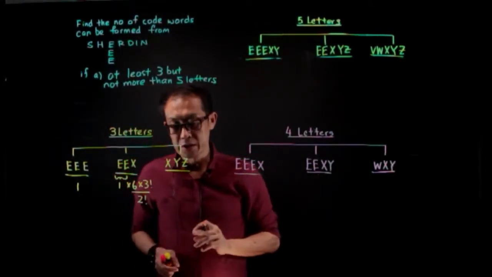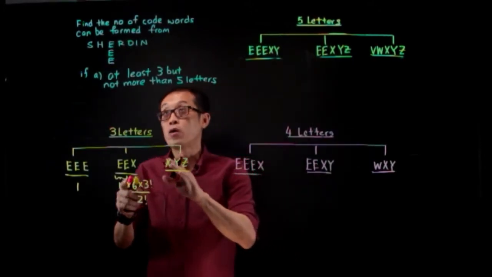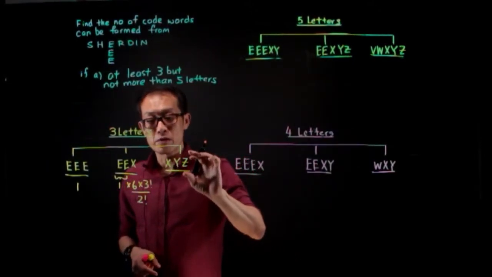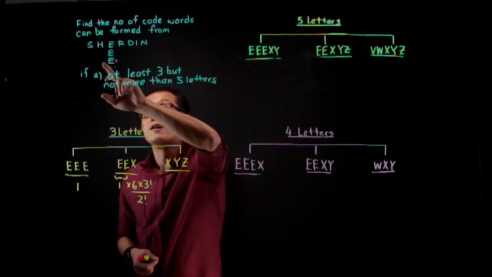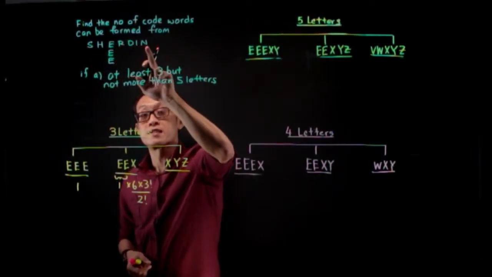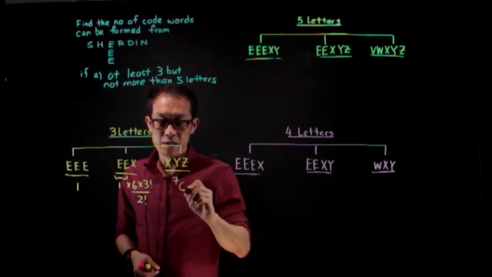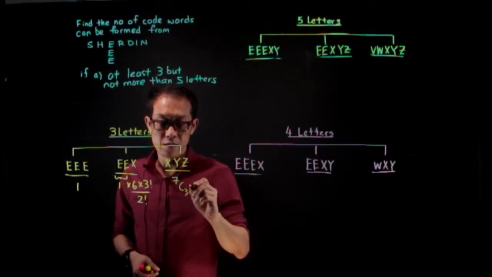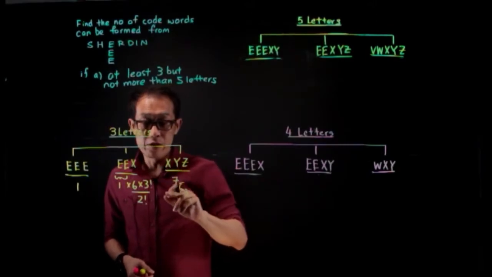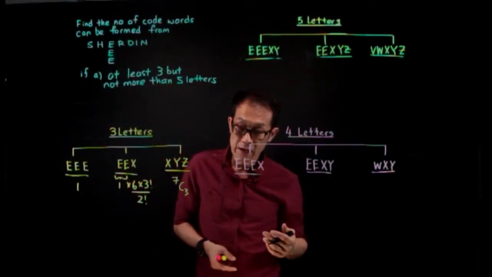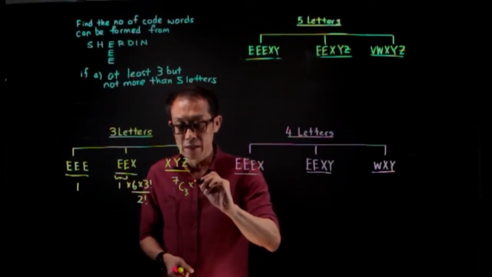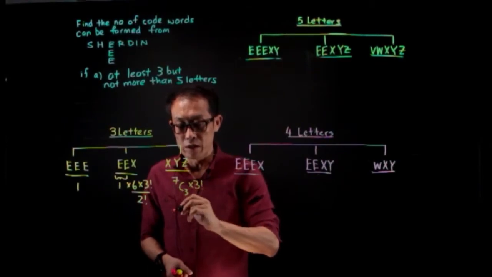Now how about this option? They are all different. So how many different letters do you have? You have 1, 2, 3, 4, 5, 6, 7. So 7C3. When you use C, you haven't permuted them yet, so you must multiply by 3 factorial.